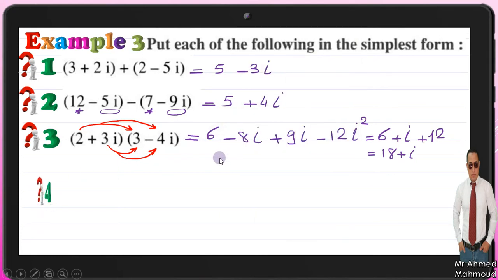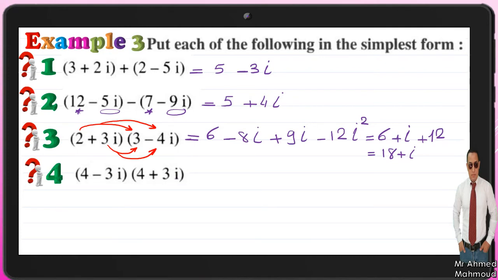Okay, number 4, 4 minus 3i times 4 plus 3i. Those two numbers are called conjugate numbers. We multiply the first by the first and the second by the second, without distribution. First times first and second times second, like this. 4 times 4 equals 16.